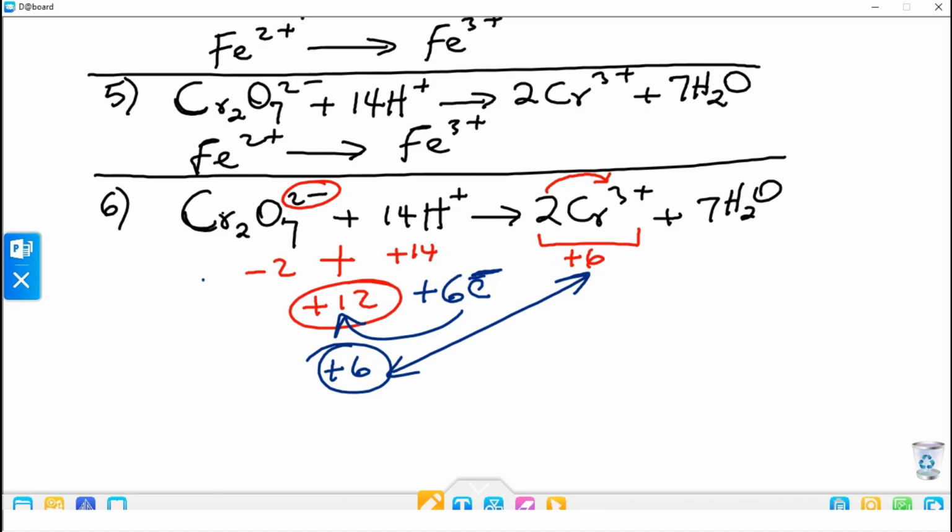Now, in a nutshell, we just have to understand that in a reduction half cell, electrons should be added at the left hand side. That is just what I want us to know now in a nutshell. So in conclusion, reduction half cell will have electrons added at the left hand side, while oxidation half cell will have the electrons added at the right hand side.